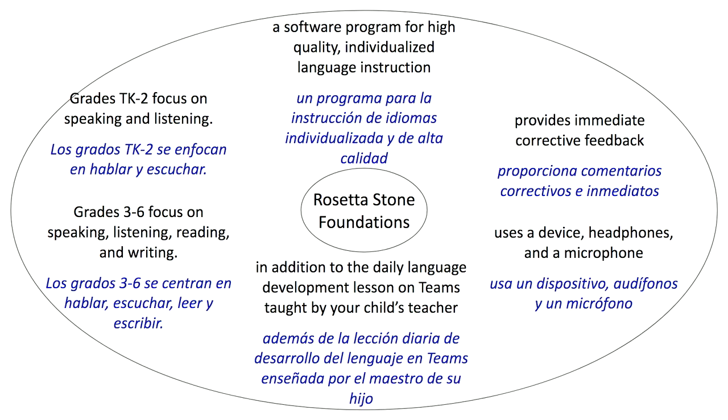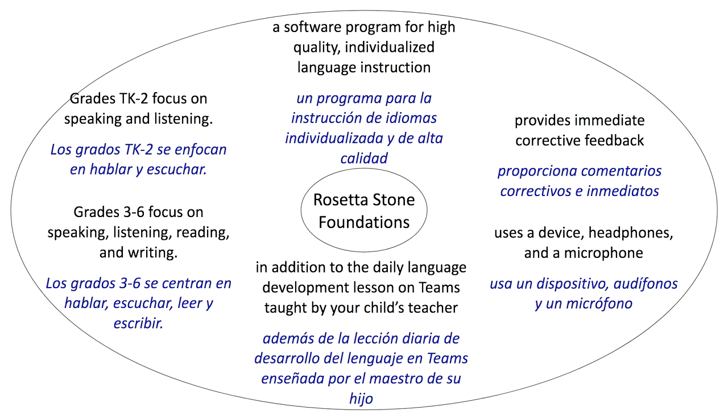Now, what is the program and how does it work? Well, first of all, Rosetta Stone Foundations is a software program that children use on a device, and they use a headset and a microphone to interact with the software to develop their language skills.